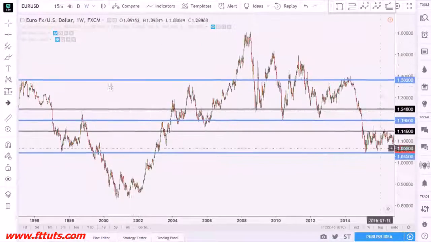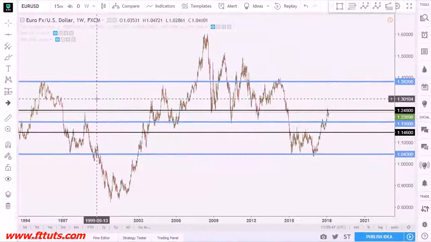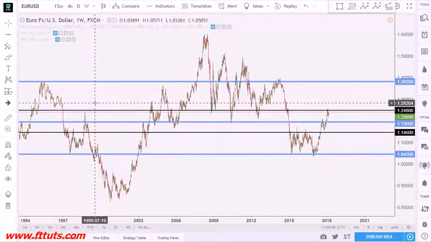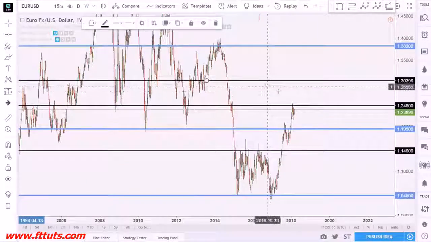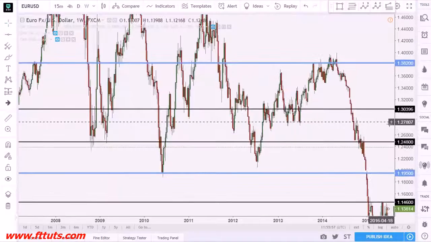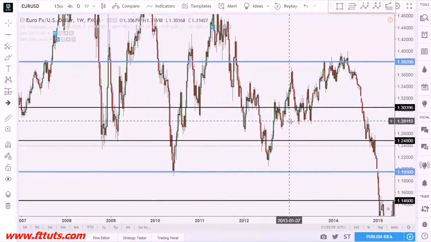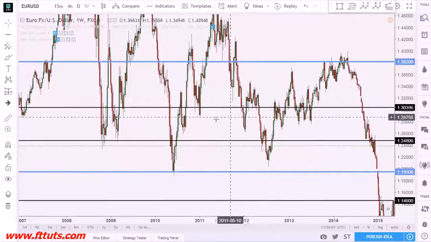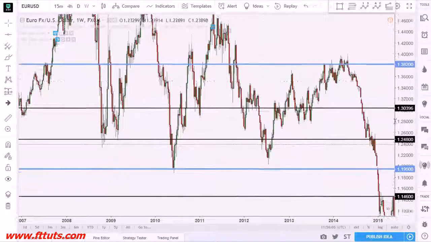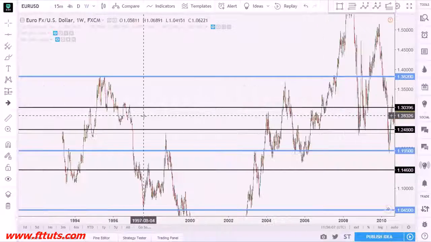Let's zoom out. Let's try this one. Price is not really respecting it, because price action was very choppy during this time. So we can delete this one.